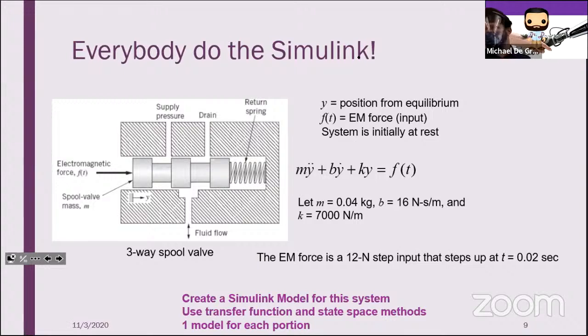So in terms of state variables, I need x1 and x2, and I'll set these as y and y dot. So then x dot 1 is y dot, and x dot 2 is y double dot.